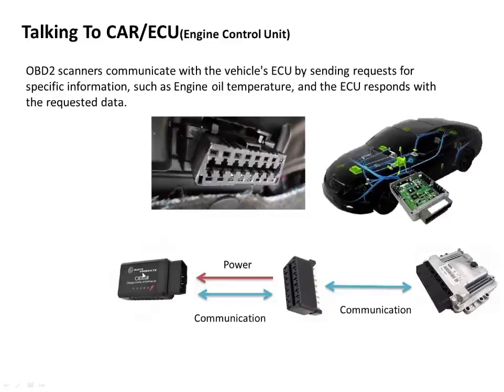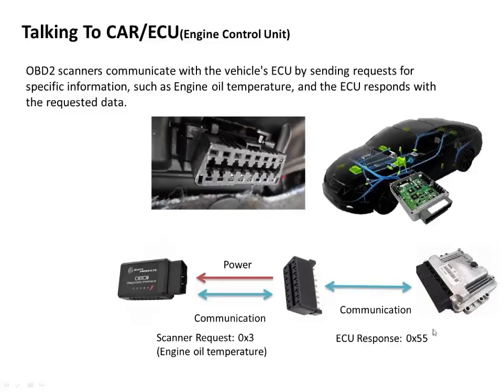So this is our OBD2 scanner, and it is connected to the OBD2 port. This is the OBD2 port, and for example we want to get the engine oil temperature. We will send a request, for example 0x3, to the OBD2 port, and the port is connected back to the ECU.